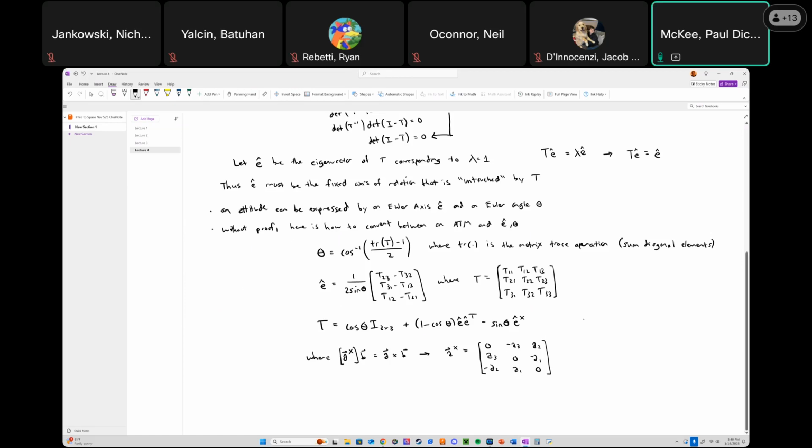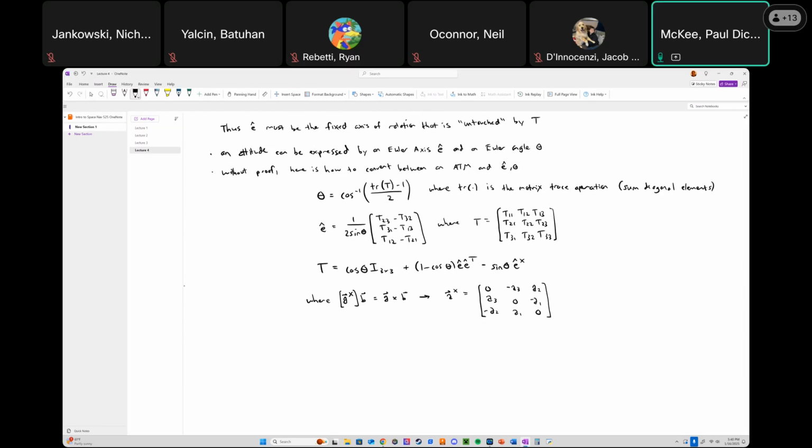Now, we can actually express theta and E just slightly more compactly.